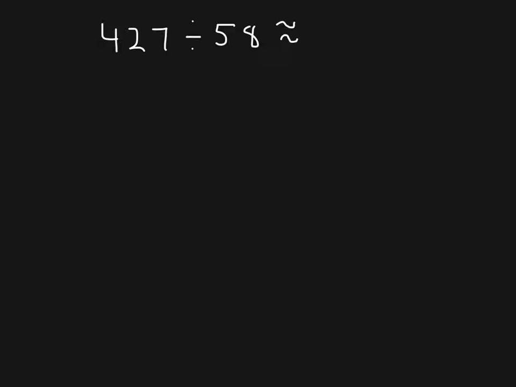Let's try this one. 427 divided by 58. I'm going to start with the divisor again. And 58 rounded to the greatest place will be 60. And I want to move over to the dividend now and think, what is a basic fact that I could round this number to that is compatible with 6?